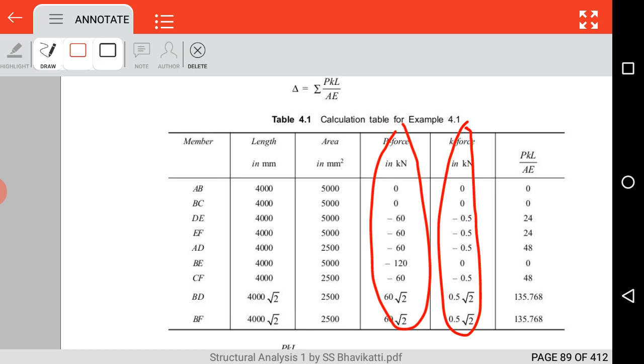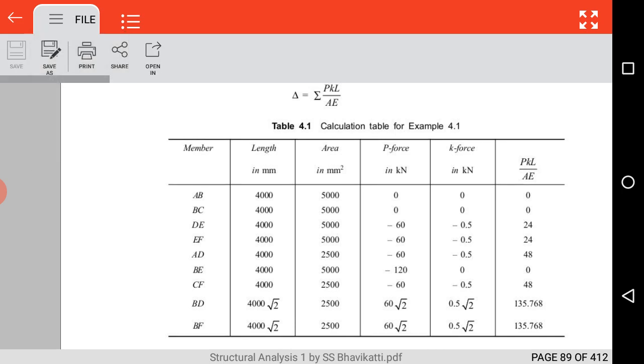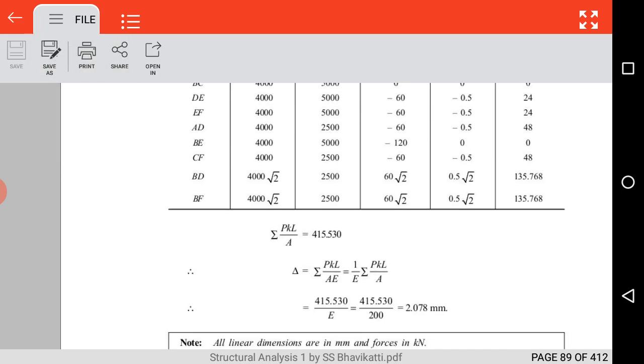Taking the product PKL upon AE, these are the values obtained, and adding all the values we get the total deflection, delta equals summation of PKL upon AE, and it is found to be 2.078 mm. In this way we calculate the deflection at the given point by applying the unit load at that point.